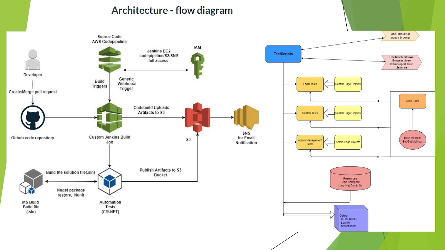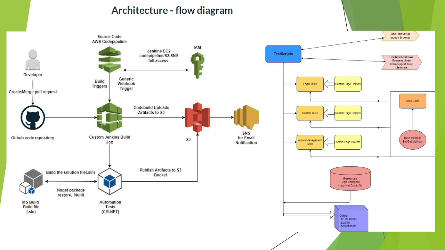Now once you have developed your framework, you can see how CI/CD will work. So assuming a developer will create a merge and pull request to the Git repository, then you will create a webhook trigger to basically customize your Jenkins build job.